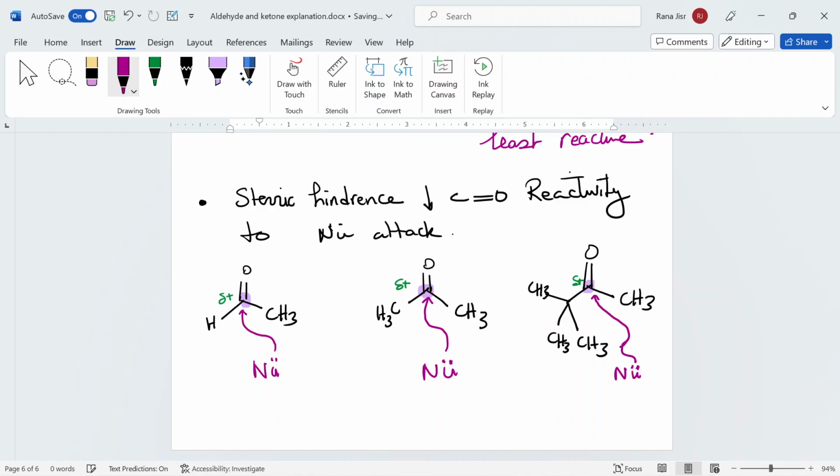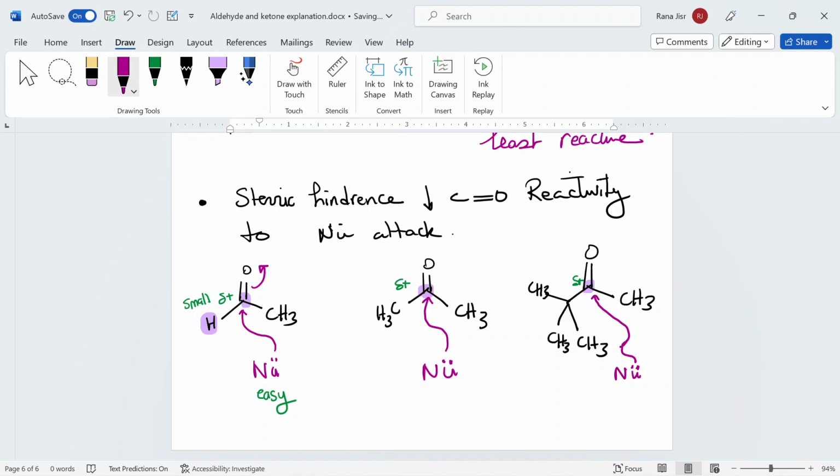Start from the lone pair in there. So how accessible is the carbonyl? You can easily see that this hydrogen here is a small group. And because it's a smaller group, the nucleophile can easily reach this carbonyl over here to open the bond and form a negative charge on the oxygen.